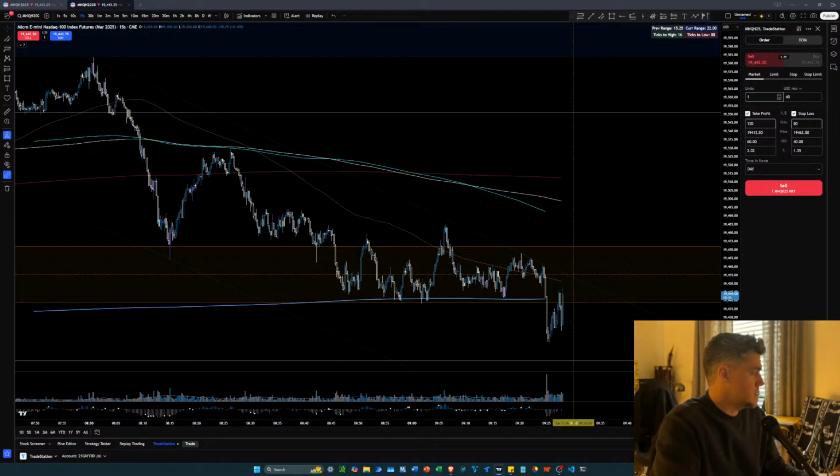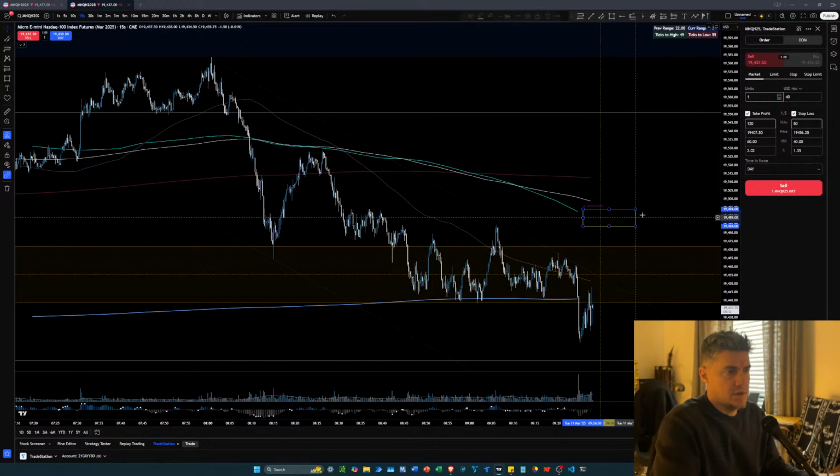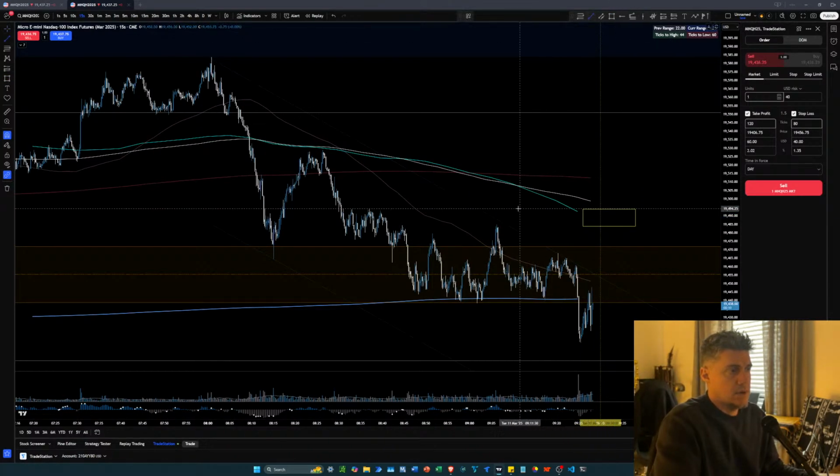Okay. Let's see here. 20-period moving averages here, right above this liquidity.